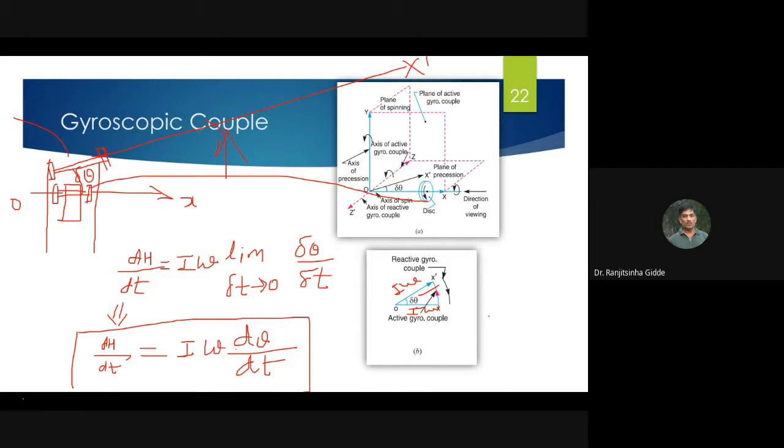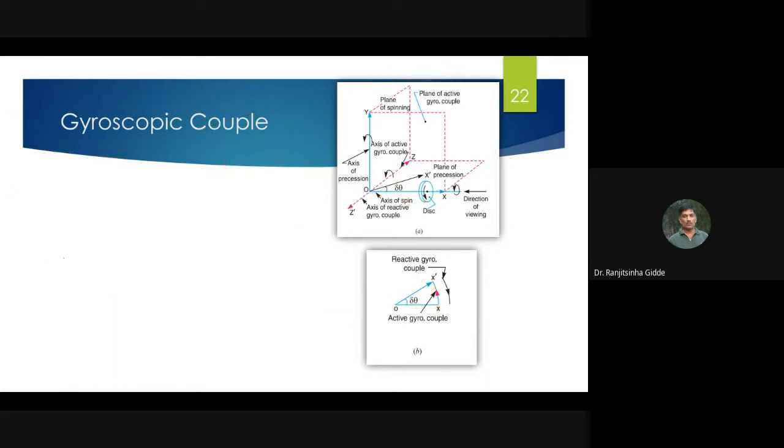So next line you can write. Therefore, dH by dt, by putting dH by dt is equal to C and d theta by dt is equal to omega p.